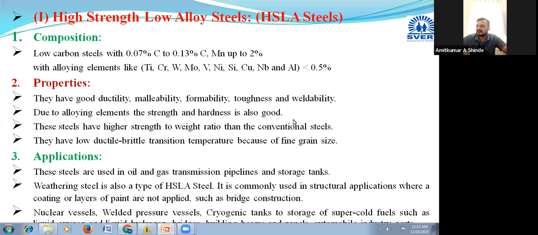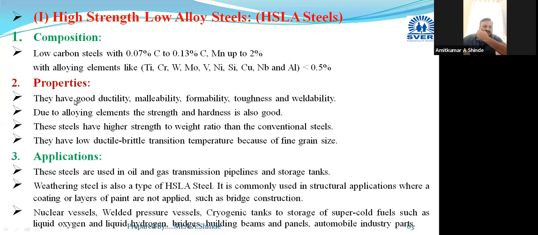Okay, now what we are discussing are the properties here. They are soft, malleable, ductile in nature, with good weldability, machinability, and formability, along with very good toughness. Then some additional alloying elements will provide strength and hardness.